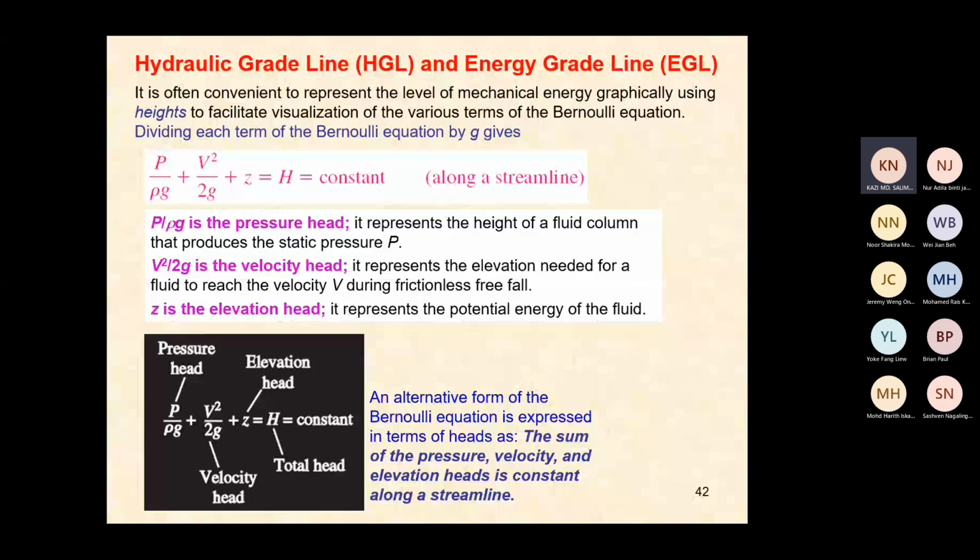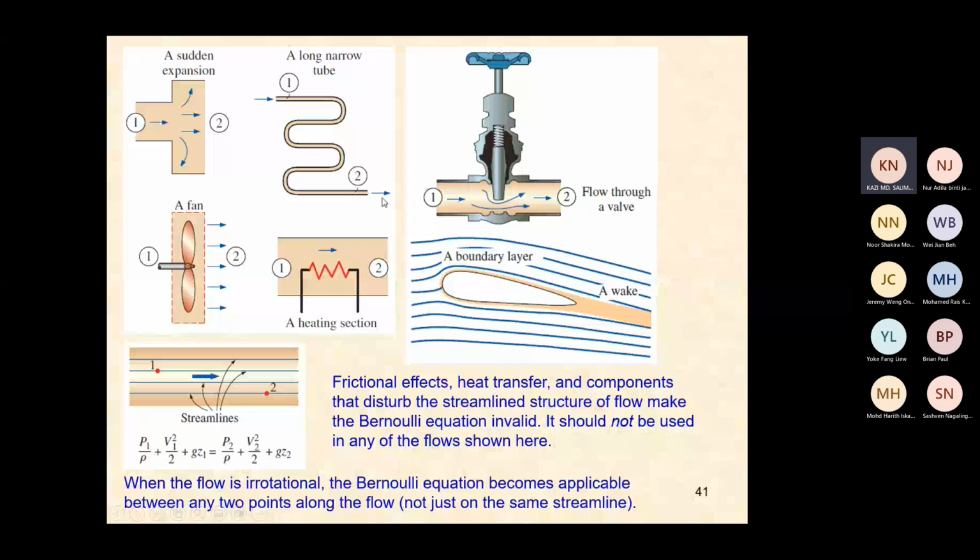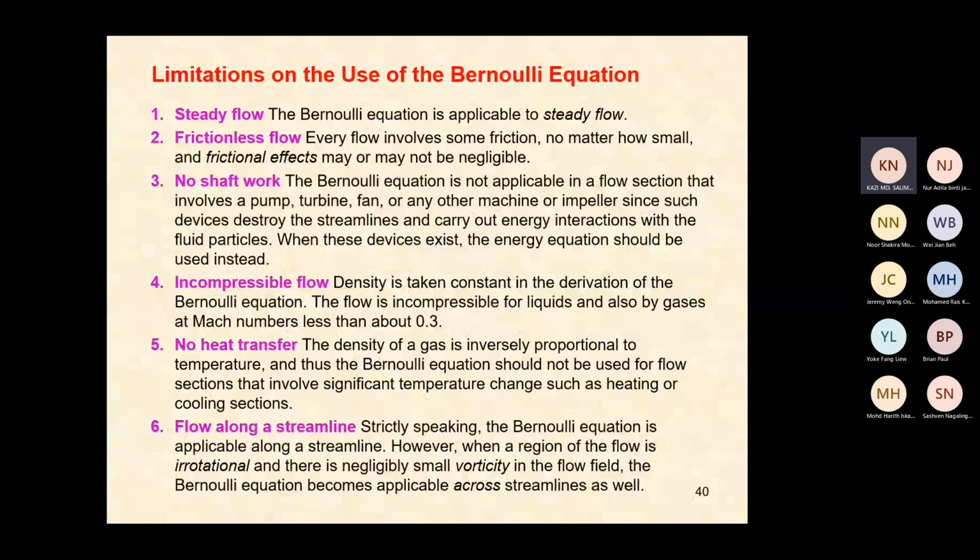Number one is that it has to be steady flow, because when it was derived we saw that it has to be steady flow and should not be in the separation zone. It has to be outside the boundary layer, and then Bernoulli's equation prevails.